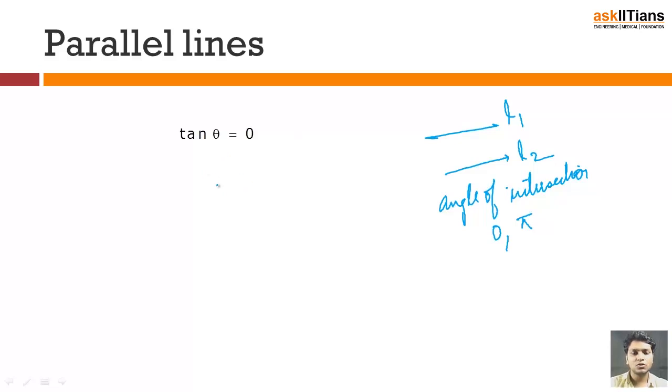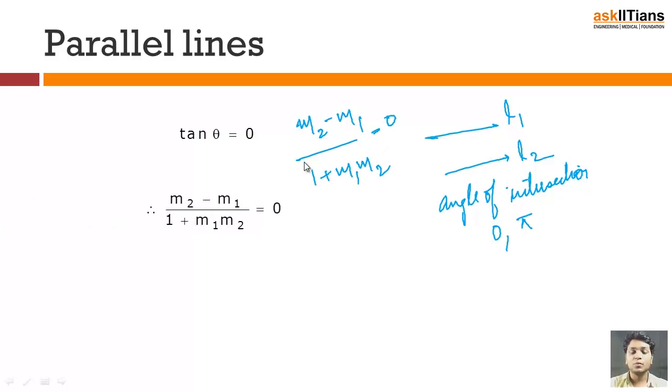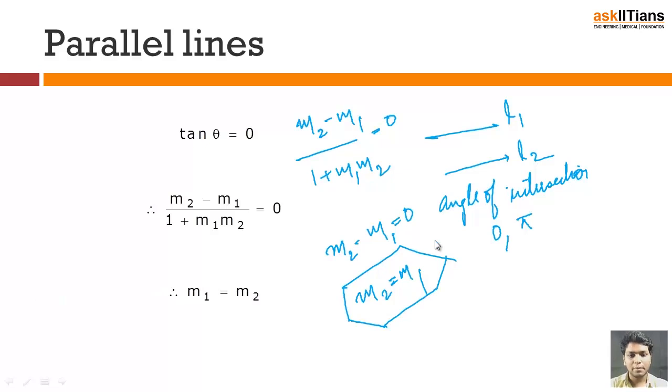If tan theta is 0, then from the expression m2 minus m1 upon 1 plus m1 m2, the numerator is going to be 0, which leads to m2 minus m1 being equal to 0, so m2 will be equal to m1. Hence the condition for two lines to be parallel. In words: if the slopes of two lines are equal, then the two lines are said to be parallel.